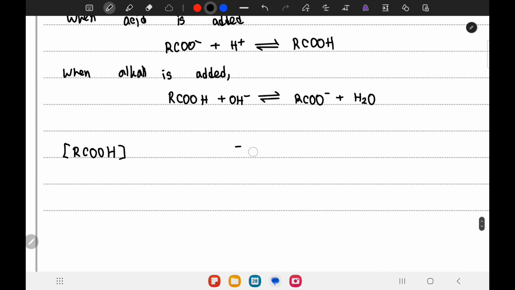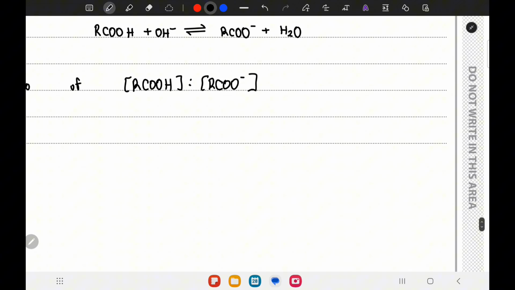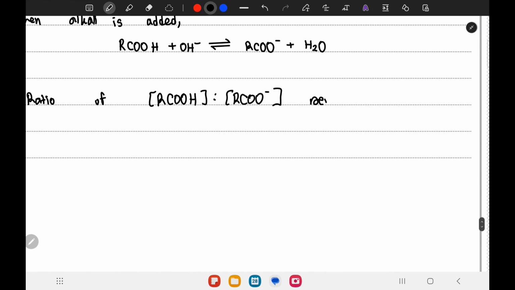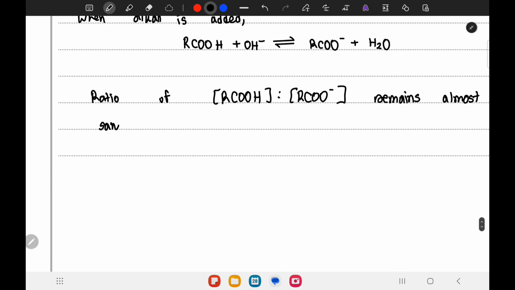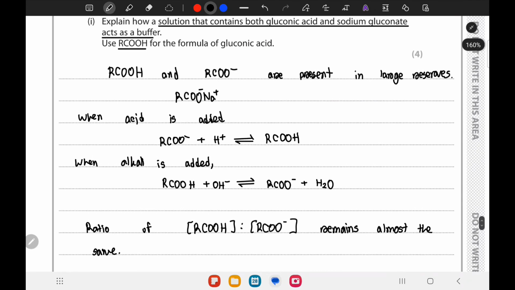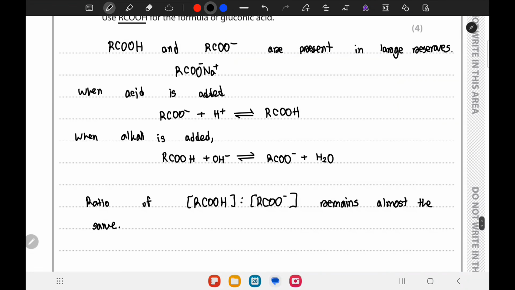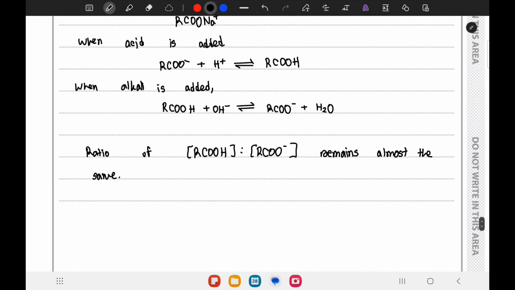Or we can say that the ratio of their concentrations, RCOOH to RCOO⁻, remains almost the same. And if they remain the same, the pH does not change much. So this acts as a buffer.